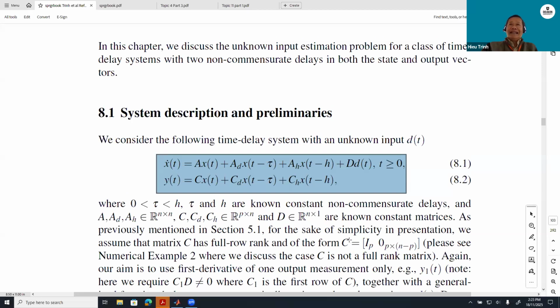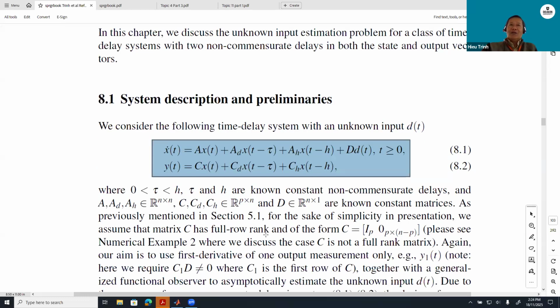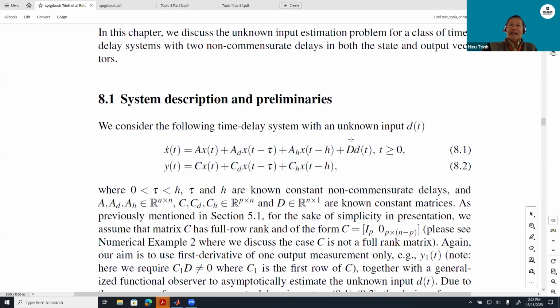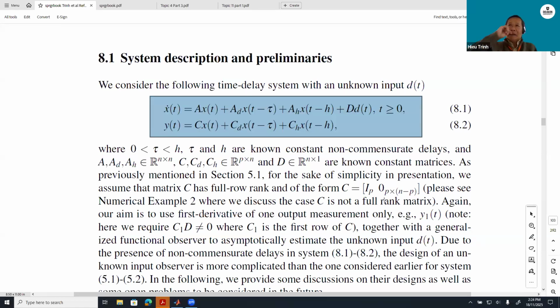Okay, so you can see that we are undertaking investigative, expository research to explore a wide range of time delay systems, and then we look at how we design an asymptotic unknown input observer. And of course, when we deal with this kind of time delay system with non-commensurate delays, the decomposition will result in a fairly complex reduced order time delay system without an unknown input.